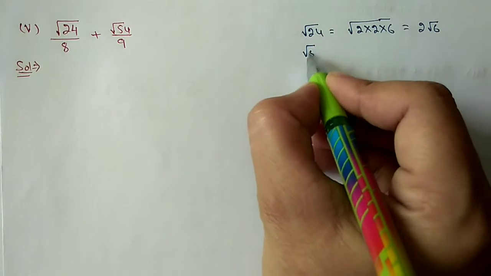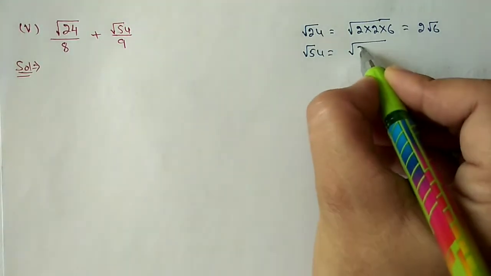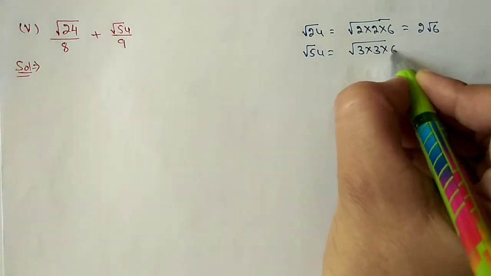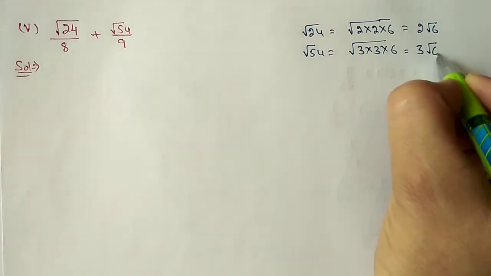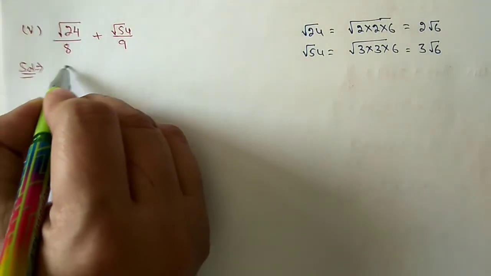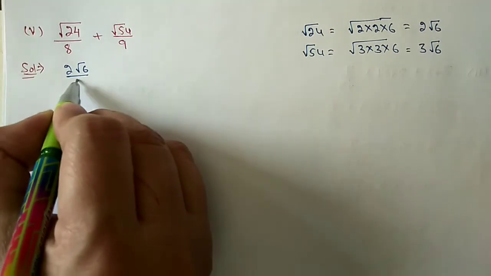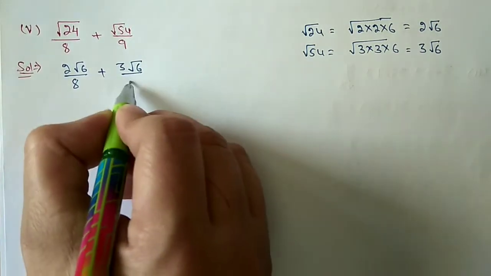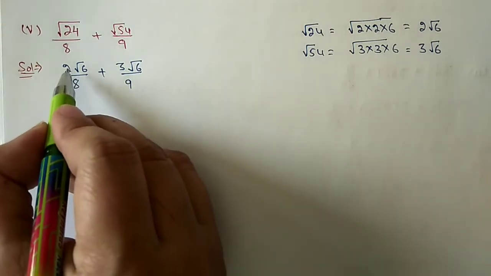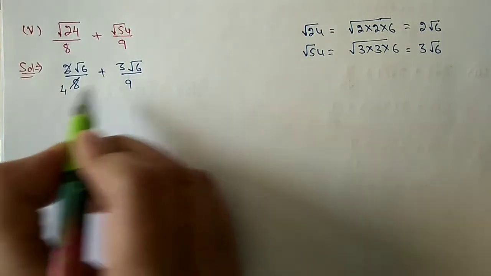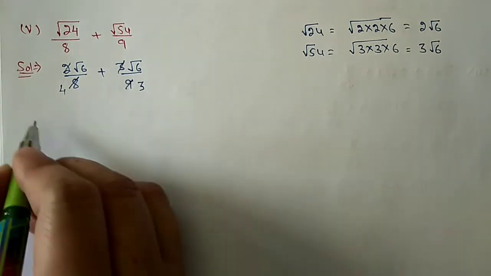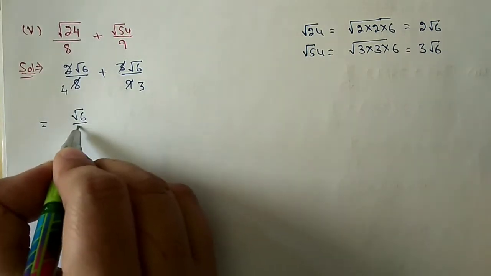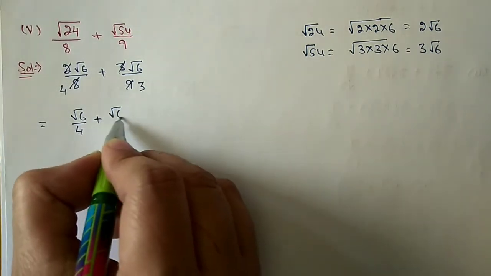Similarly, root of 54 we can write as 3 into 3 into 6, or 3 root 6. Now we can replace it: 2 root 6 by 8 plus 3 root 6 by 9. We can cancel 8 by 2, 2 4s are 8, and 3 3s are 9. We have now root 6 by 4 plus root 6 by 3.